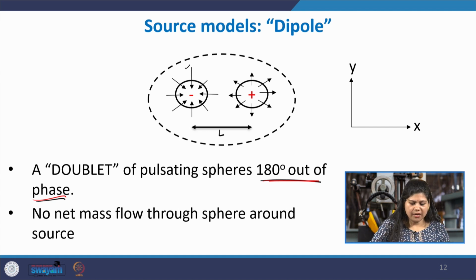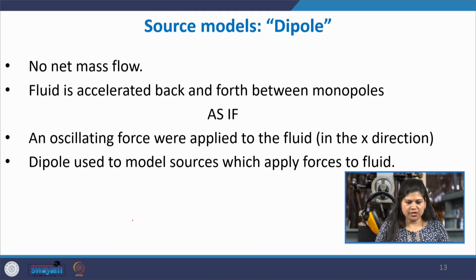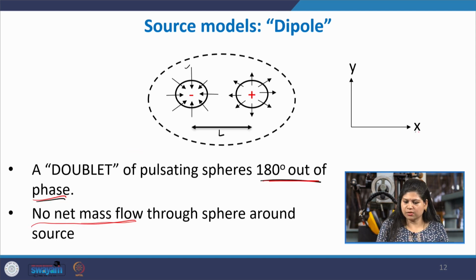Here, the sound generation is not due to a net mass flow, but due to an oscillating force. If this was our positive x direction, it behaves as if there is an oscillating force F acting in the x direction and moving the fluid particles.